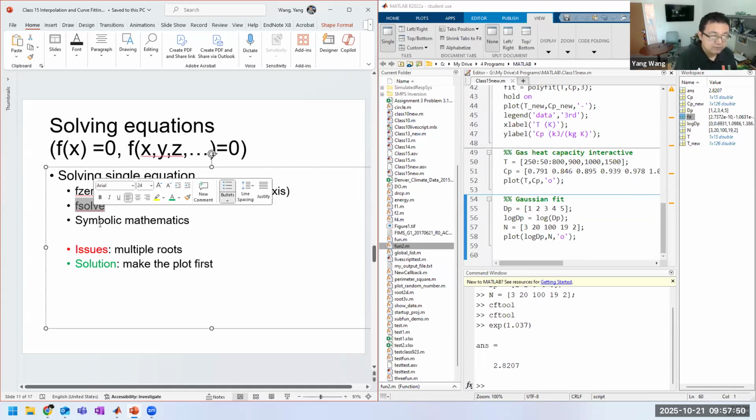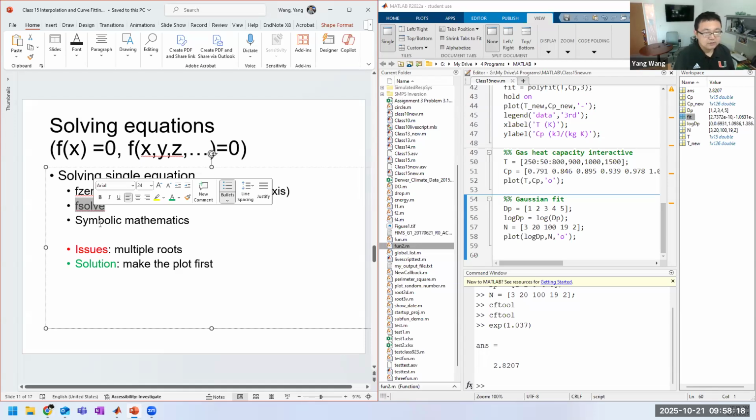After we define the function, we can use a function handle to call the function and then find the solution. Pay attention that we're talking about a single equation here. In symbolic mathematics, we can define the symbol and then use the solve function to solve this equation. Okay, so regarding the issues of solving equations, especially single equations, there could be multiple roots, right?